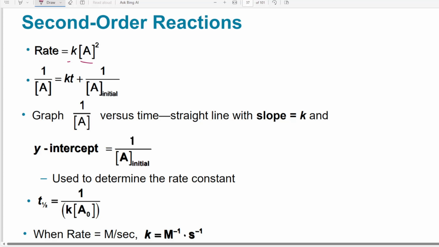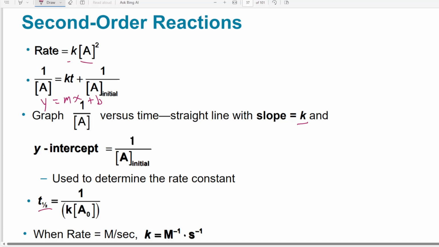And if we plot 1 over concentration of A versus time, we get a straight line with a slope equal to k. You can see here how this fits the equation of the line y equals mx plus b. And our y-intercept is 1 over the initial concentration. We can use this to determine the rate constant.